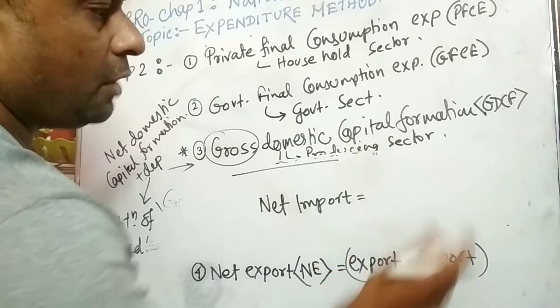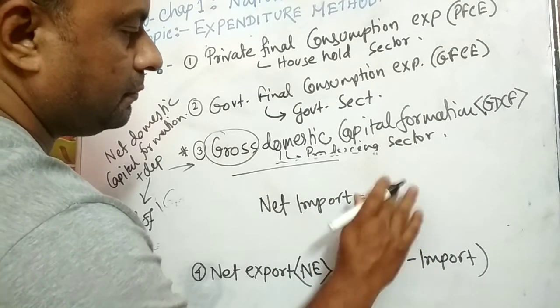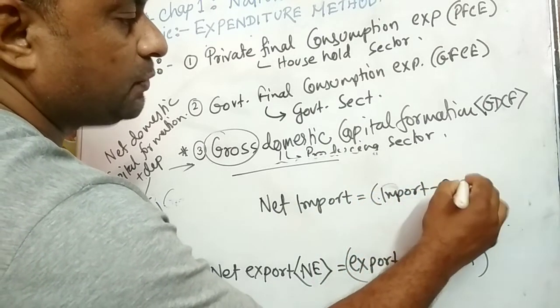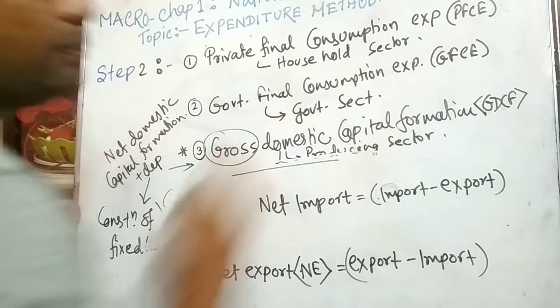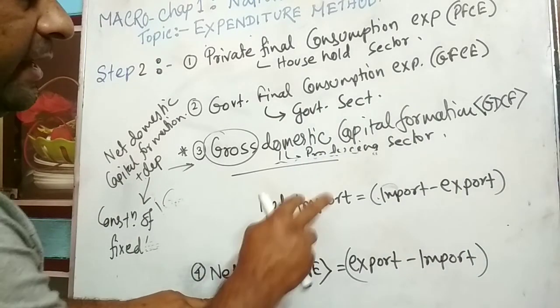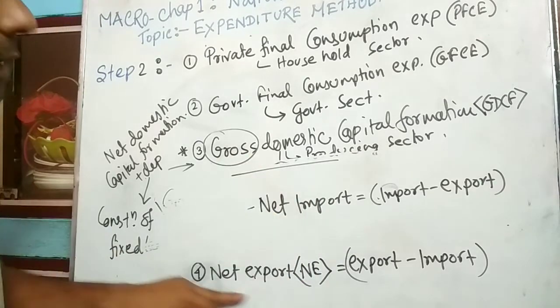Net import means the opposite of net export: import minus export is net import. We require net export. If net import is given, we just give a minus sign there, and it will become net export.